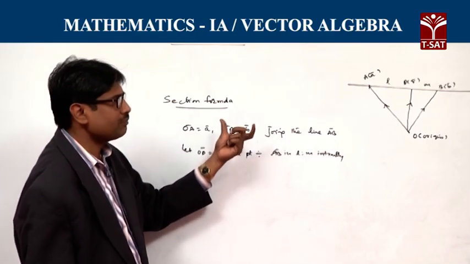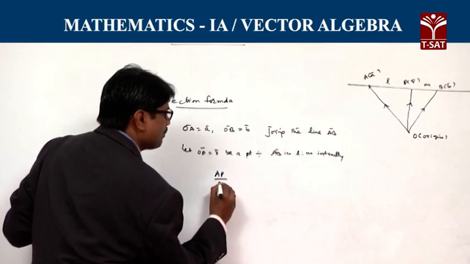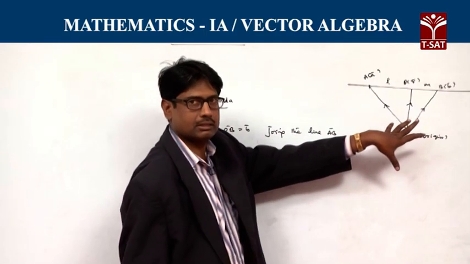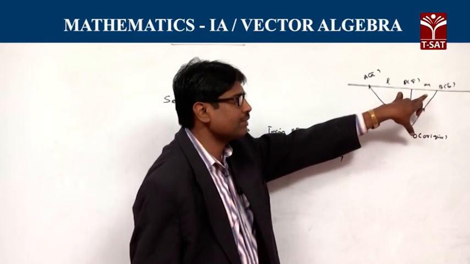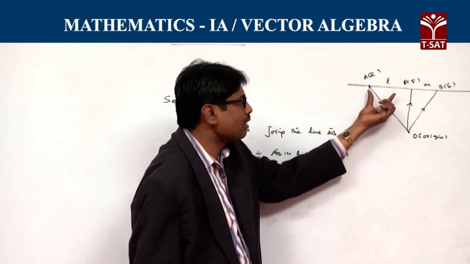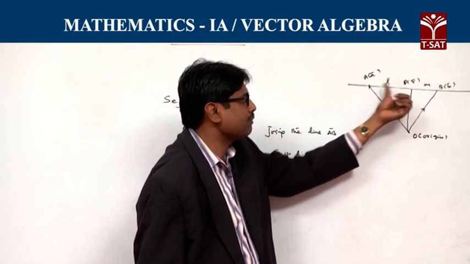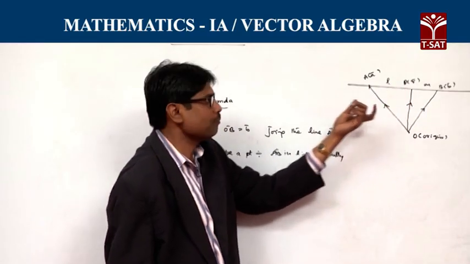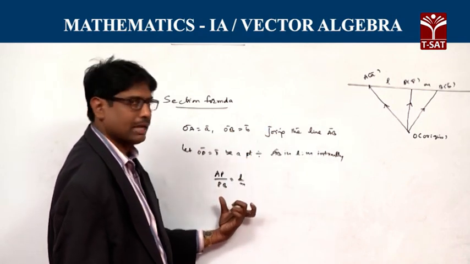Clearly, AP divided by PB is equal to L/M. In the geometrical diagram also we notice that the point P divides AB in the ratio L:M. Magnitude of AP will be L, magnitude of PB is equal to M. So according to the ratio, AP divided by PB is equal to L/M.